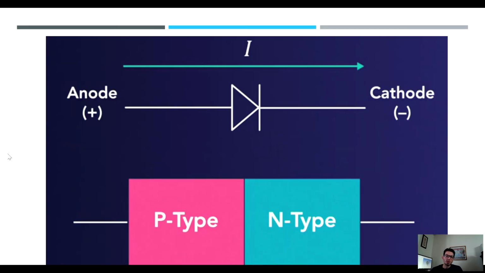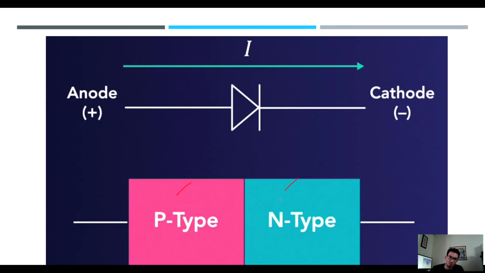Now, diodes are a type of passive element that is fabricated with semiconductor materials. When you have a semiconductor, they're divided into groups called the positive type or the P type and the N type. P for positive, N for negative.